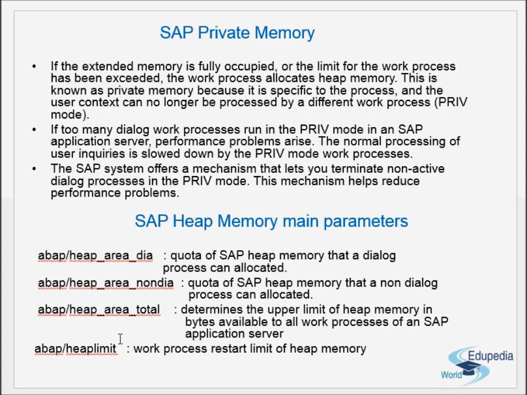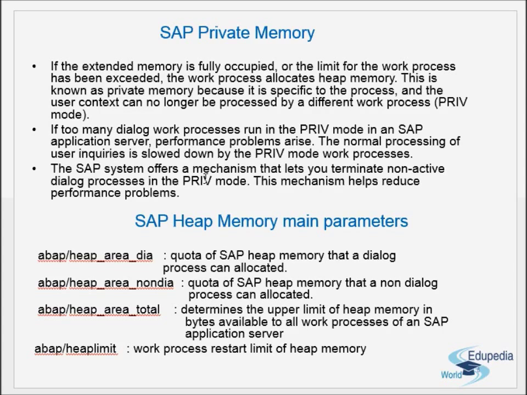Once that work process has used all that 10 MB of heap memory, it will automatically restart, because SAP will allow the work process to use heap memory only until a certain limit. If it's continuously using more and more heap memory, then we can set a limit. This is the point we discussed above.